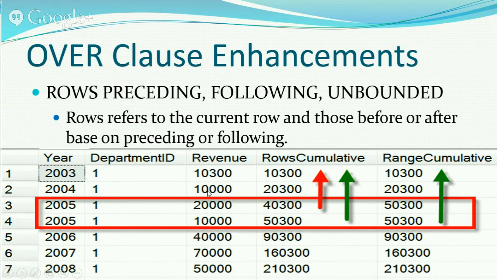Then the revenue is 10,000, the cumulative is the 10,300 plus the 10,000, which gives us 20,300, plus the 20,000 for the next one is 40,000, plus another 10,000 gives us 50,000 when we're looking at the cumulative total going down there with rows.